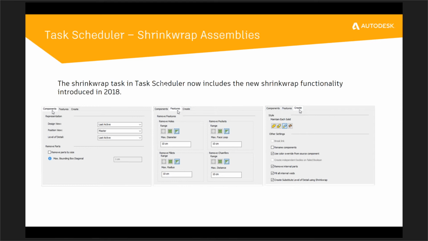Well, now we've added that new shrink wrap task into Task Scheduler. So you can have some predefined outputs and have shrink wrap automated via Task Scheduler for a subset of data files or things like that that you need to have as simplified models to provide to customers to maybe protect IP or as sales models or what have you. But again, the key here is that it's now a task within Task Scheduler.